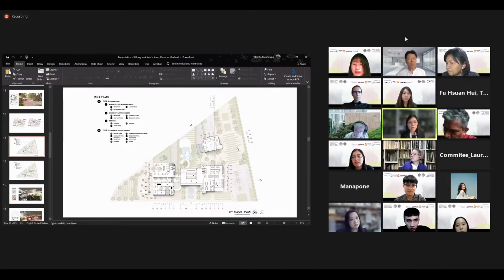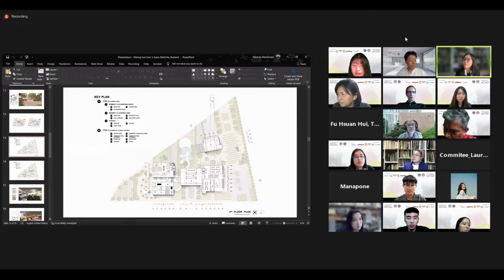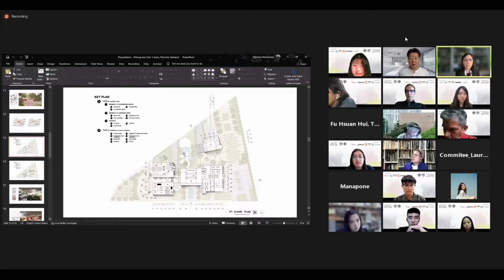I have a small question. Okay. In my understanding, the community park you designed in between these three buildings is quite an important core for your overall project, to link the different parts of this community and also the university and even the slum.